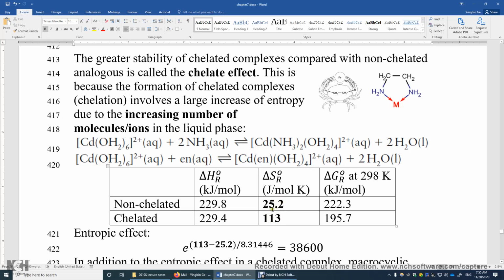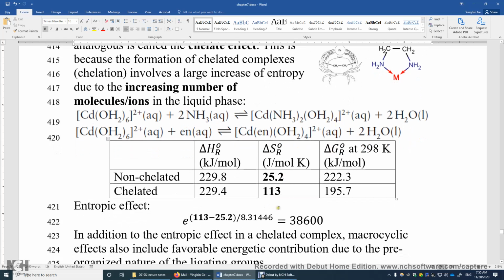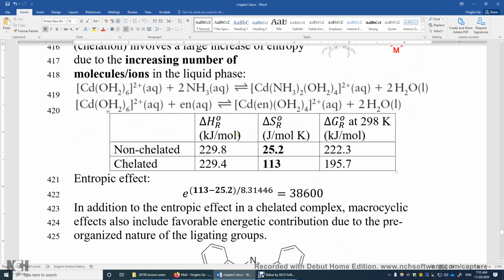We can analyze this entropic effect quantitatively by using e to the power of the difference between the entropy of reaction for these 2 reactions divided by R. The result is nearly 40,000. So due to the entropic effect, this reaction is much more favored by a factor of nearly 40,000.